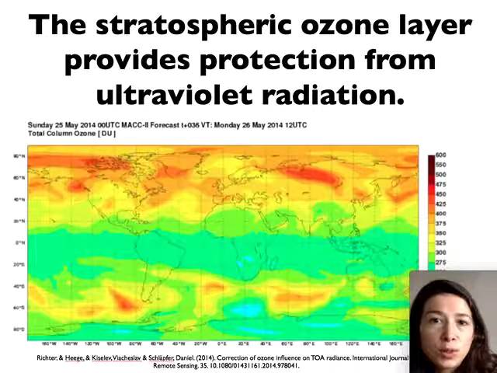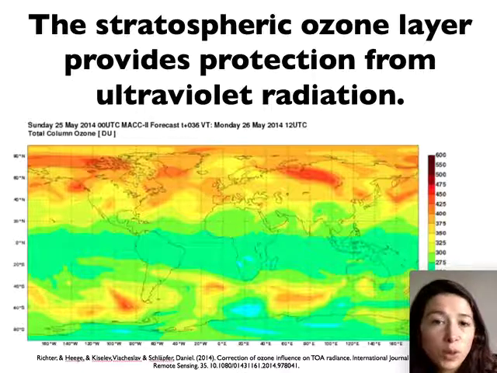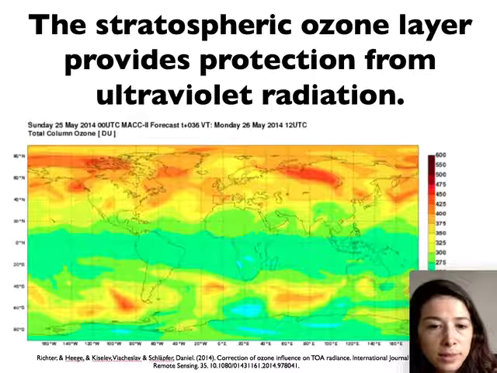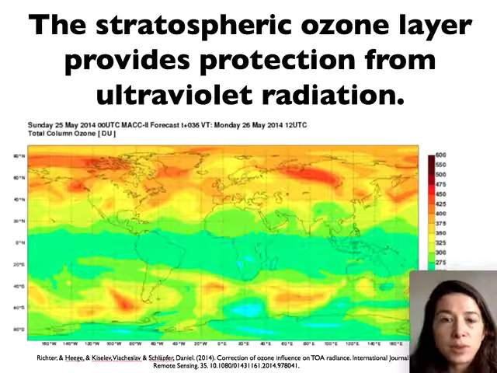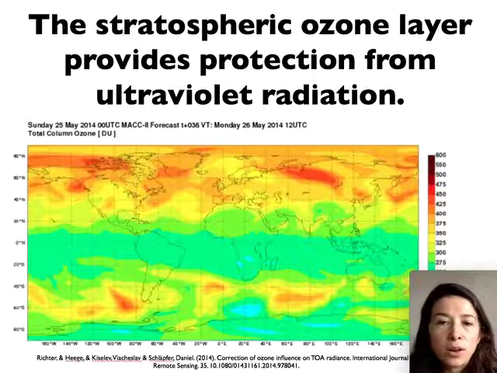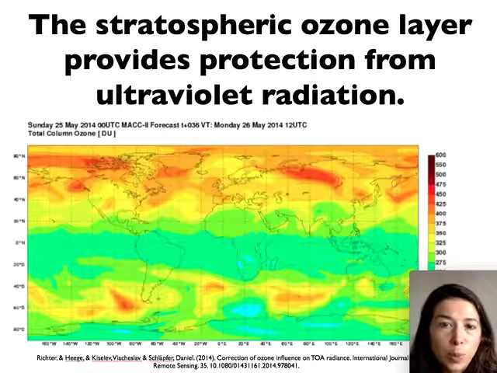So the ozone in the stratosphere, that higher layer of ozone, protects you from UV radiation, and UV stands for ultraviolet. So here's a map of where the ozone is distributed, and ozone kind of flies around. It gets produced a lot at the equator, or around the equator, and then it gets moved around by, I guess, wind and air pressure, and it kind of accumulates at the poles.